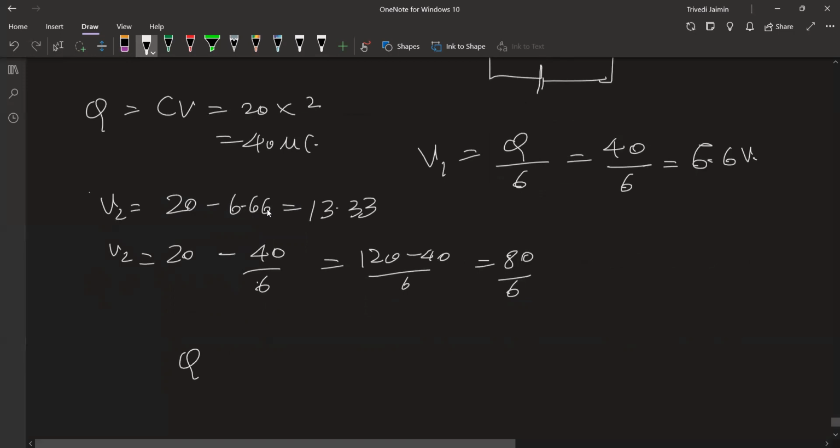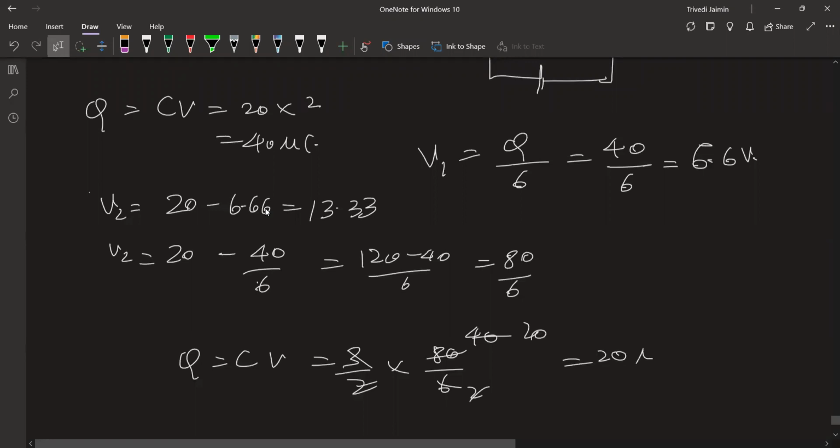Sir, 20 microcoulomb, sir. It should be 20 because it's given as option A, but let us solve and prove it. Q equals CV. C is how much? 3 by 2 into V, which is 80 by 6. 40 to 20.